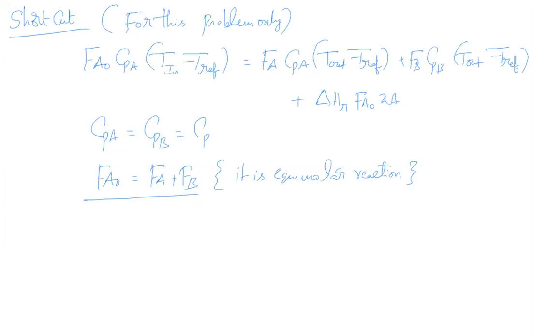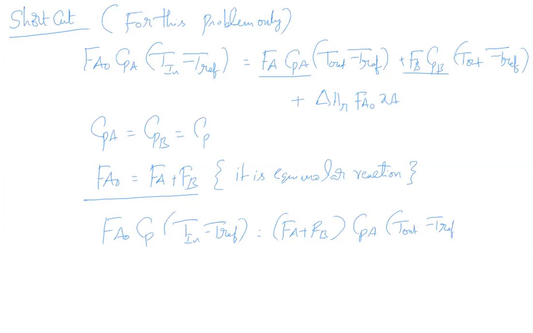So clear? Then applying these two rules, what happens here is FA naught into Cp into (T in minus T reference) is equal to, if I combine these two, (FA plus FB) into Cp into (T out minus T reference) plus delta HR into FA naught into XA.